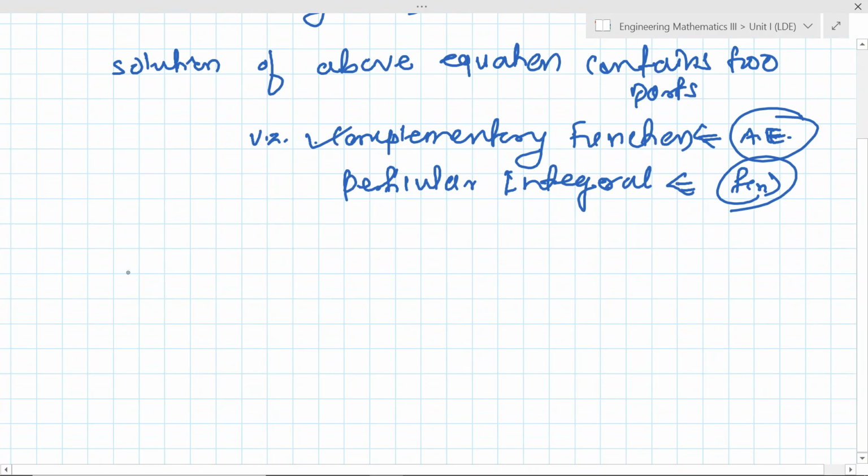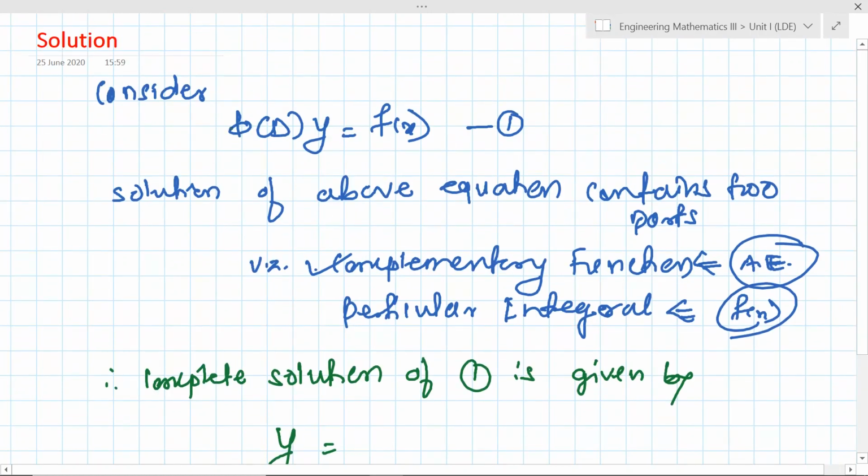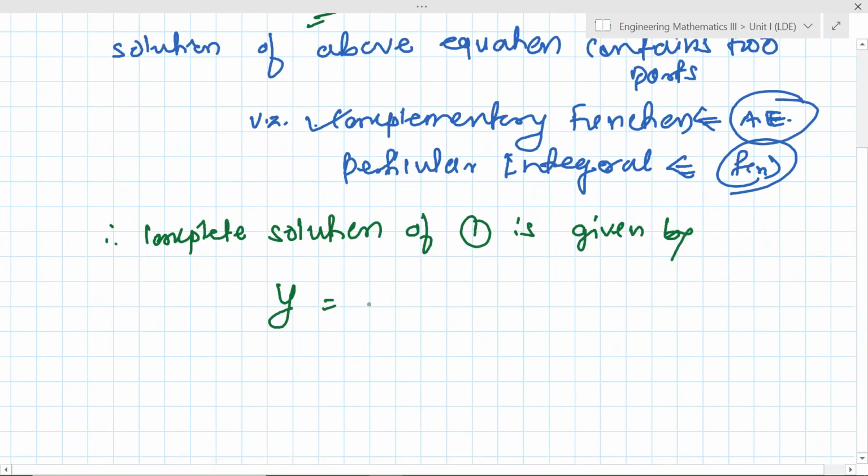So the complete solution of 1 is given by y equal to, because we are solving this equation for y, complementary function plus particular integral.